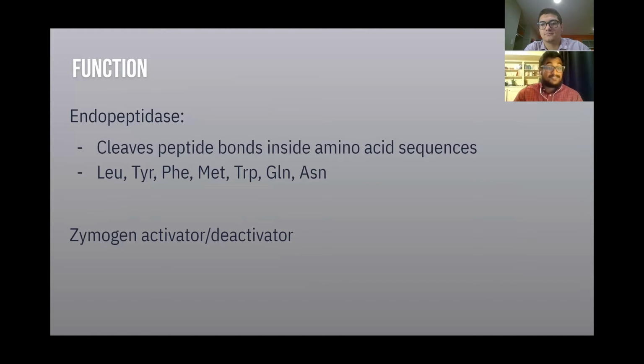So to be specific, we have leucine, tyrosine, phenylalanine, methionine, tryptophan, glutamine, and asparagine. And again, it's a zymogen activator and deactivator, meaning that it leads to other cascades of other enzymes, and it can also stop them.